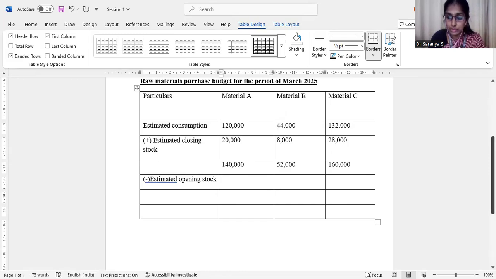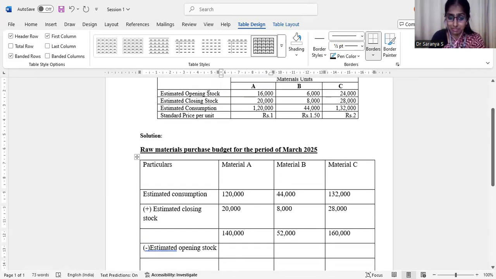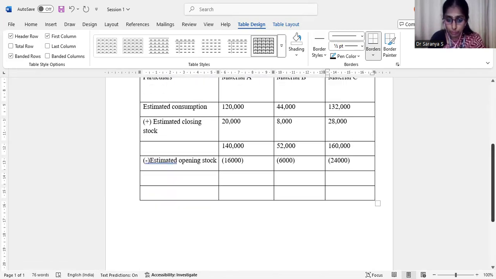Then after getting this total, now we will minus the estimated opening stock. Estimated opening stock is also available in the question. In fact, that is the first point given in the question, correct? So we are going to minus it. I'm giving in brackets minus 16,000, then minus 6,000, then minus 24,000. From 1,40,000, when we deduct 16,000, we will get 1,24,000.